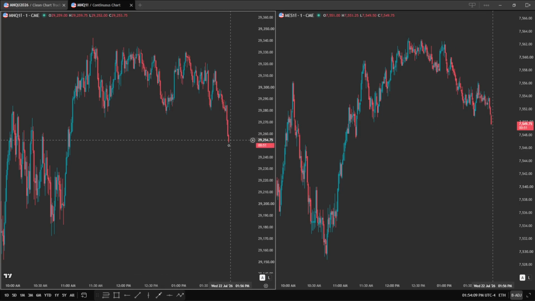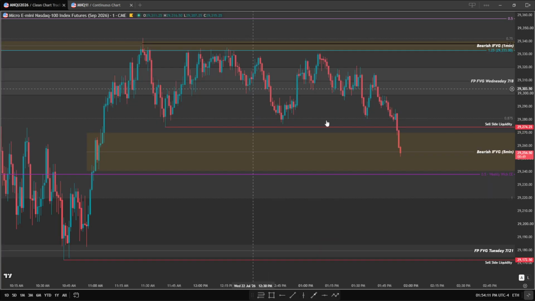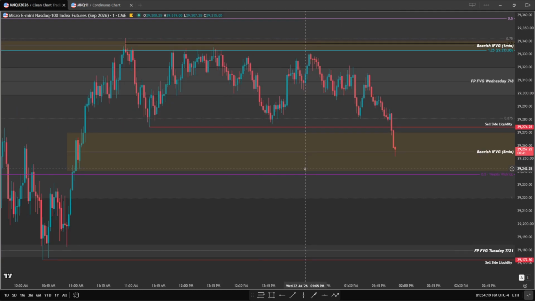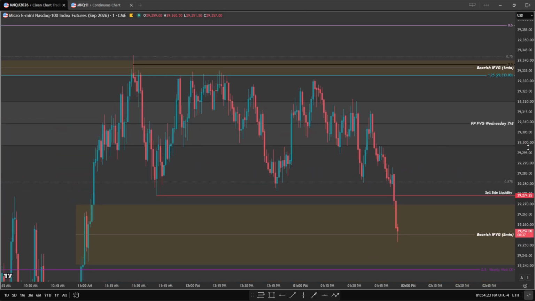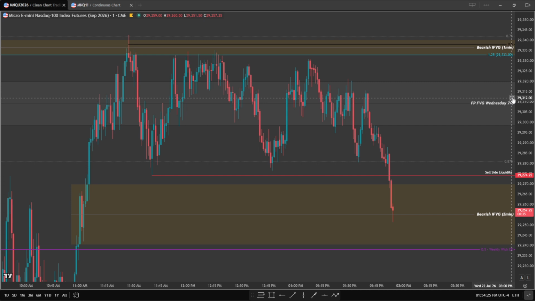Wow, this is starting to look really nice. I'm very frustrated. I really like how it's accelerating through that. Could stop here still, but this has been really, really hard to trade this week, honestly. It really has been.